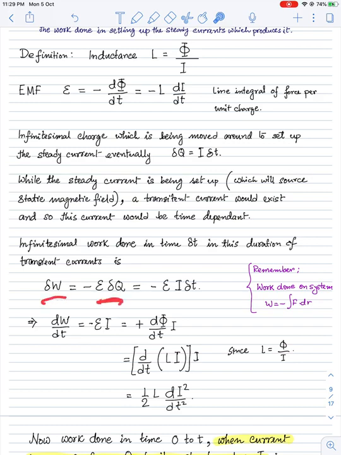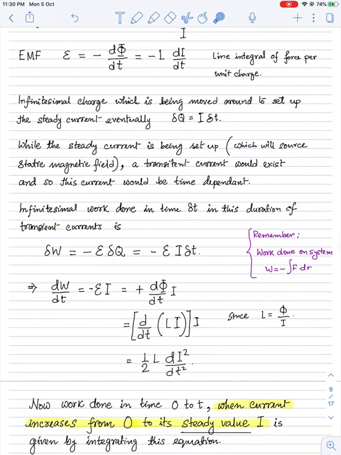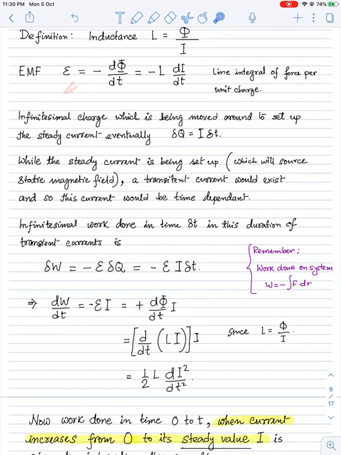So EMF times the infinitesimal charge gives us the infinitesimal work. Since delta q is I times delta t, the work done in time delta t, as delta t tends to 0, dW dt, is simply equal to minus the EMF times I.